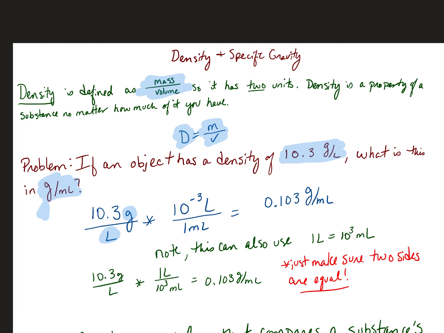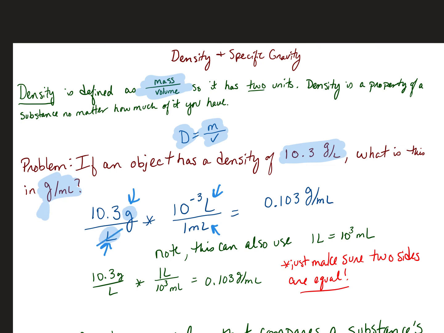So this is backwards thinking in comparison to what we just did. Instead of having to cancel what's on top, we have to cancel what's on bottom. So in this capacity, we need liters up top and milliliters down below. Now, this is a more rare situation, but I just want to show you that this can happen too.